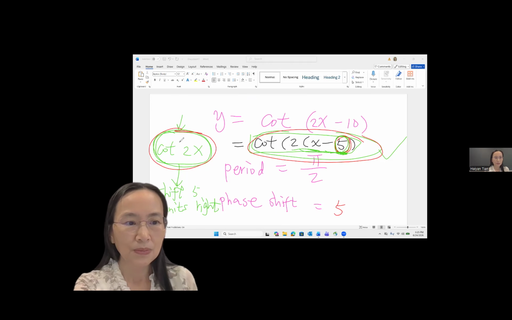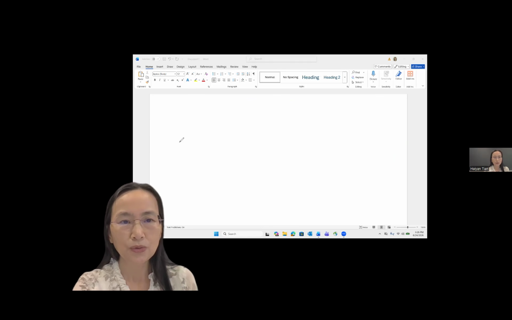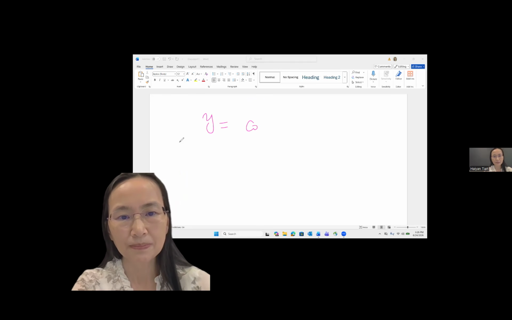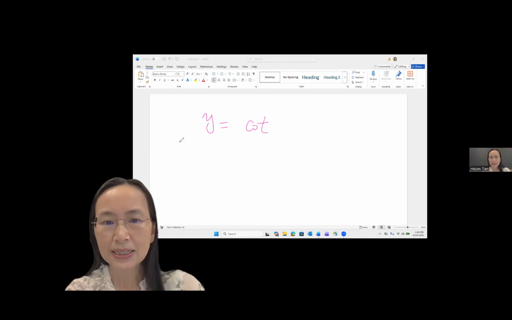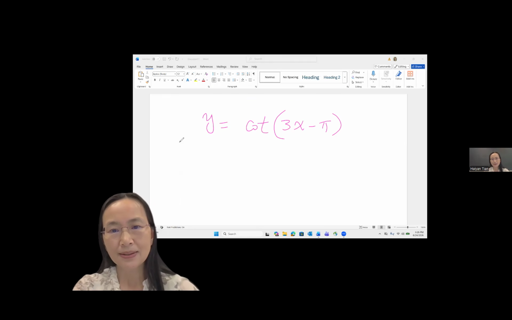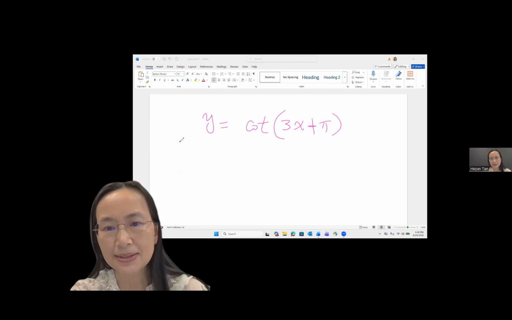So of course, we can do another one. Let's write a cotangent function: cotangent 3x minus pi. Or plus pi, let's make it a plus sign.